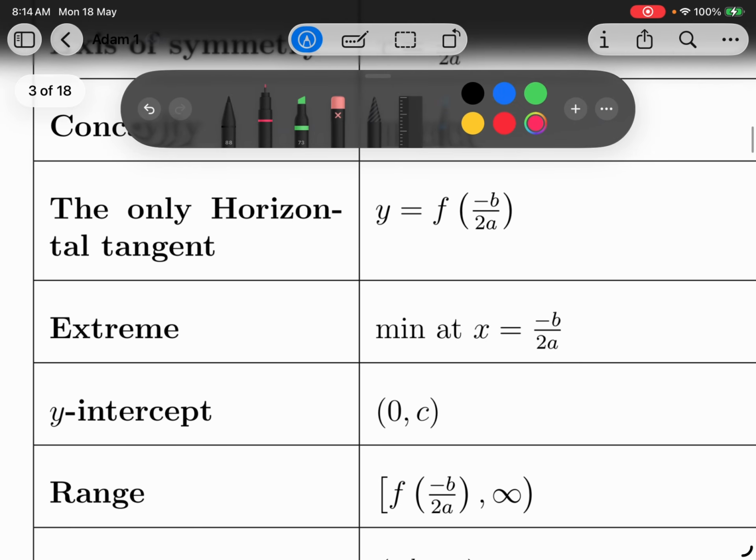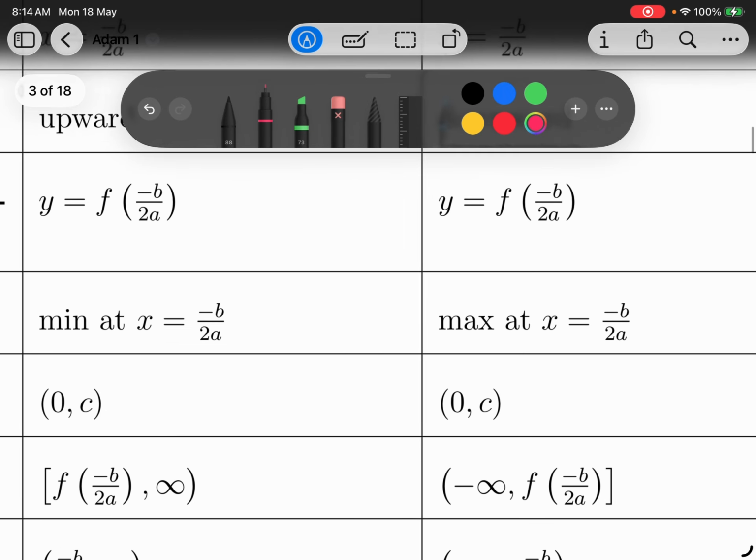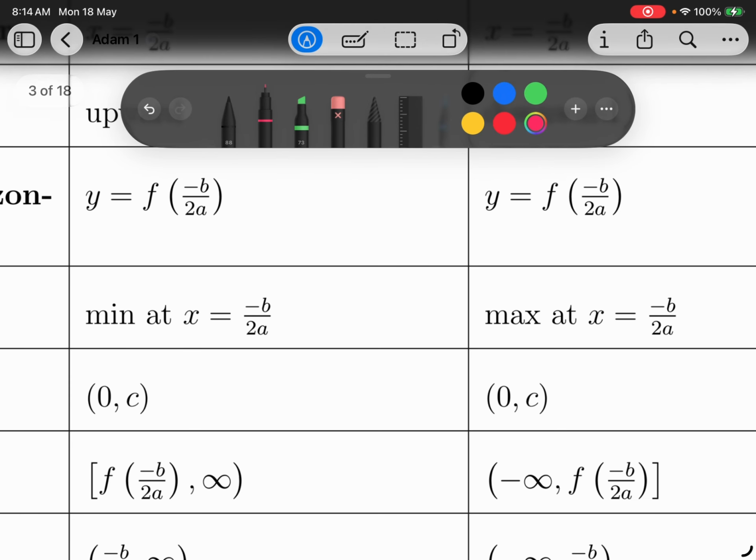And here, guys, I have the extreme value. For the extreme value, it depends on whether a is positive or negative. It will be a minimum when a is positive, and it will be a maximum when a is negative. And this minimum occurs when x equals minus b over 2a.